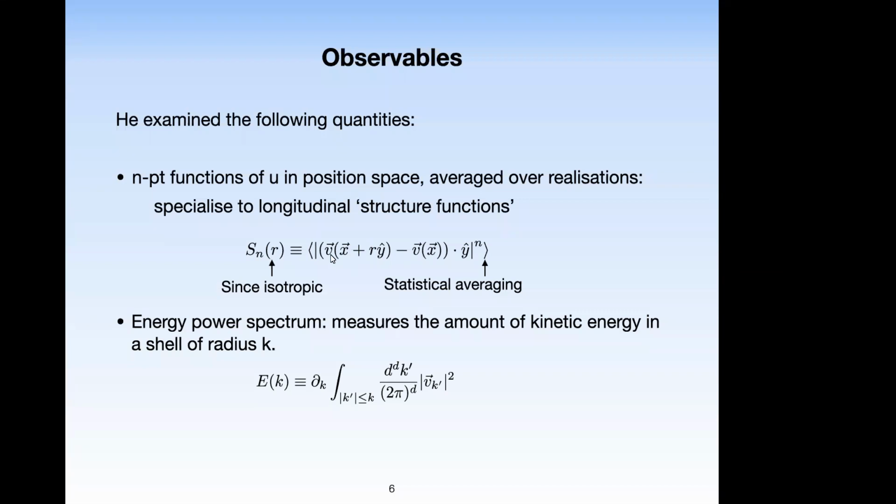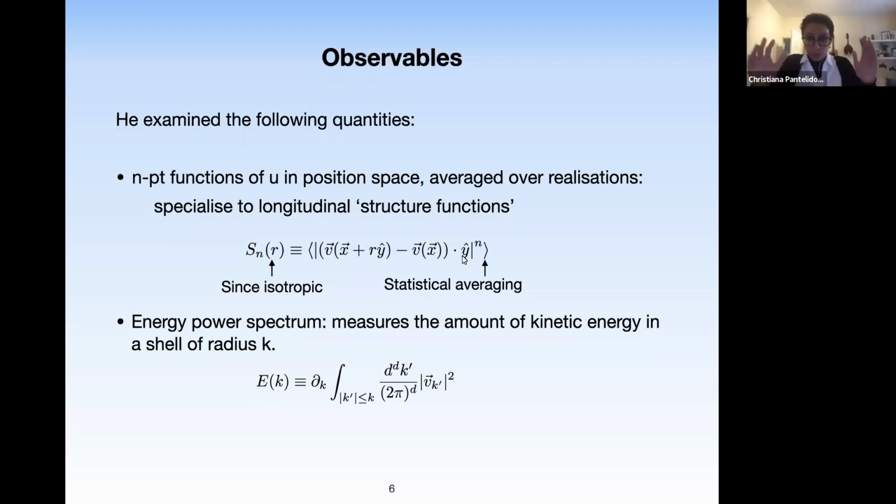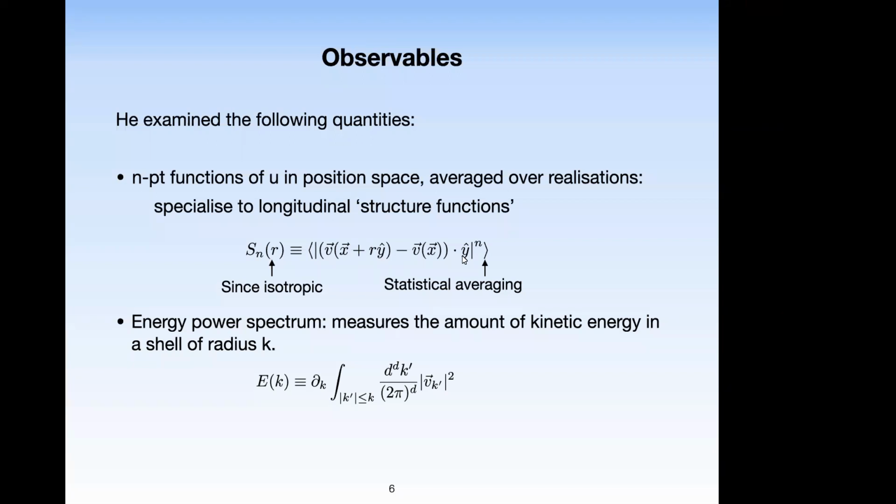Y, the direction in which you take the correlation, the vector y, does that also have to be statistically averaged? I mean, you statistically average the whole thing at the end. Okay. Maybe we can talk about it later. I'm not sure I understand.